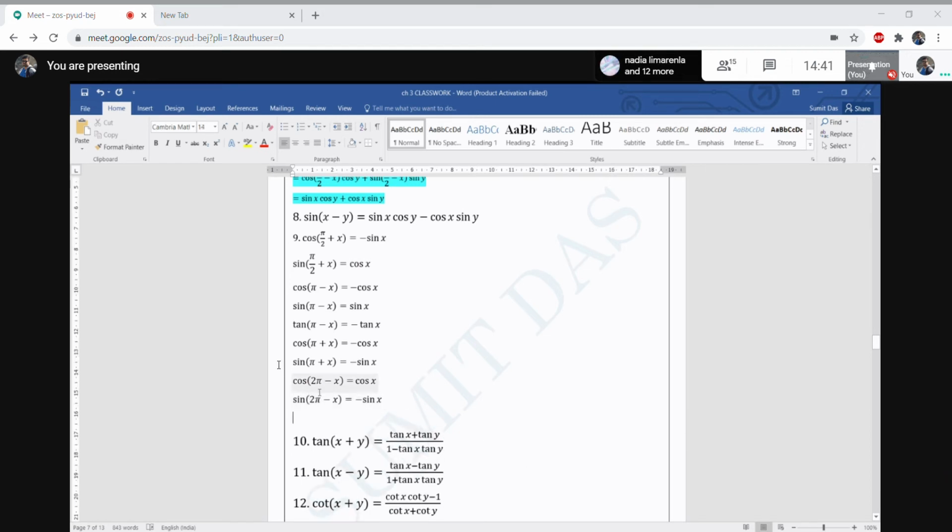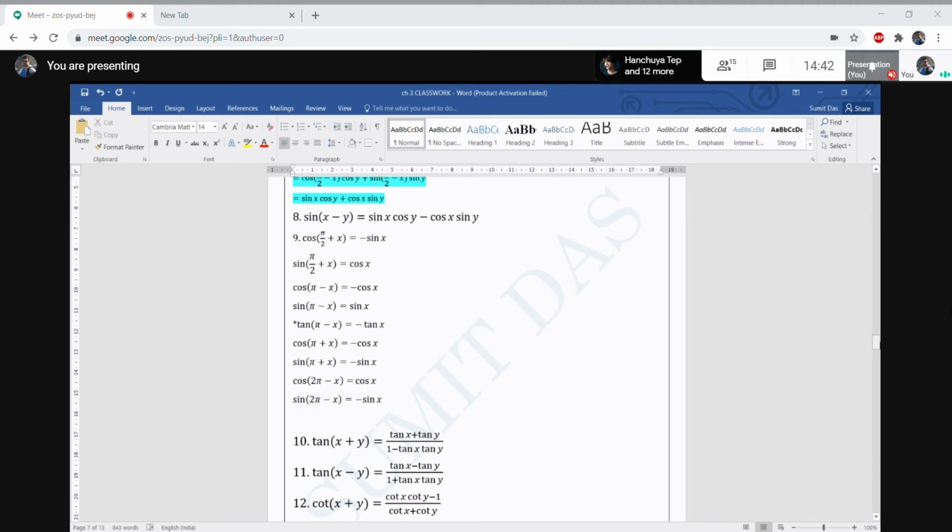We have cos(2 pi minus x) equal to cos x, and sin(2 pi minus x) equal to minus sin x. This one I just added, so you can add it by yourself later.